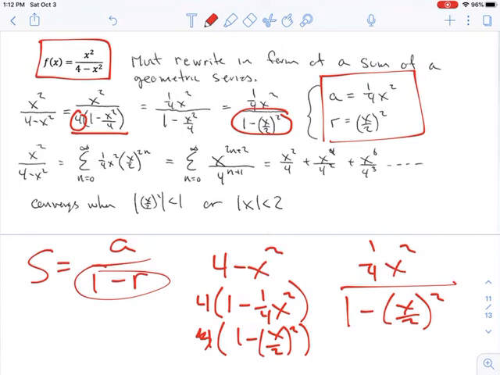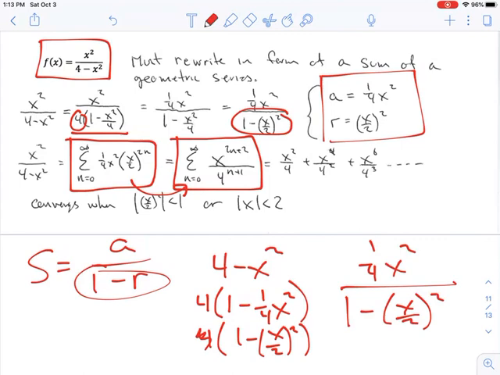And so creating our series from that, we would have something that looks like that. And simplifying that a little bit, we get something that looks like that. And so I'll let you play with that, but you should be able to figure out how we went from here to here just by manipulating the exponents. Because remember, 1/4 x squared is just x squared over 4.